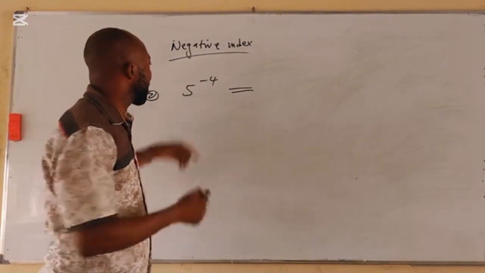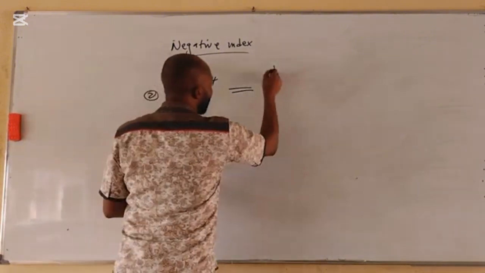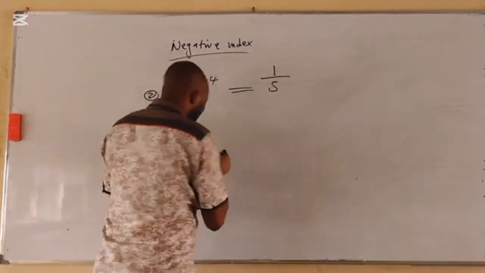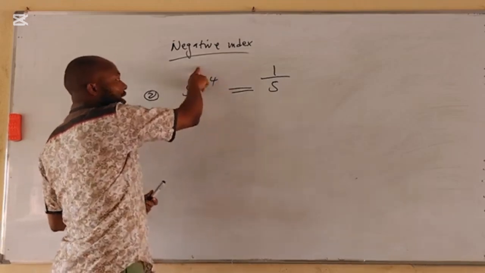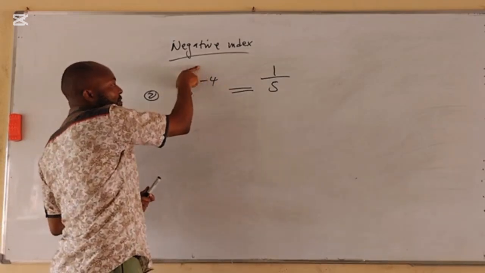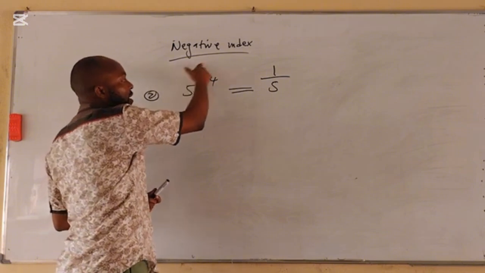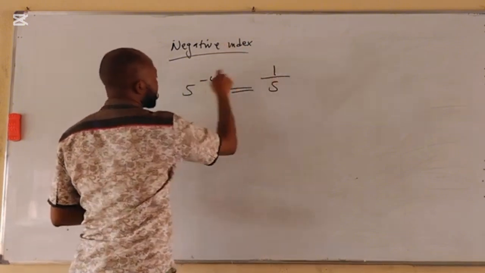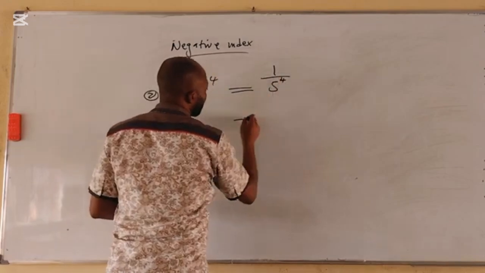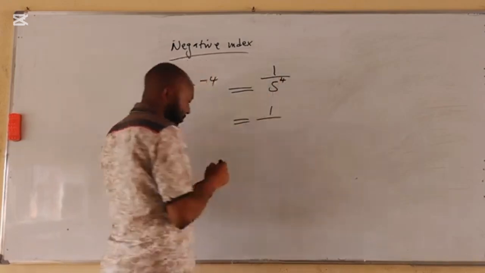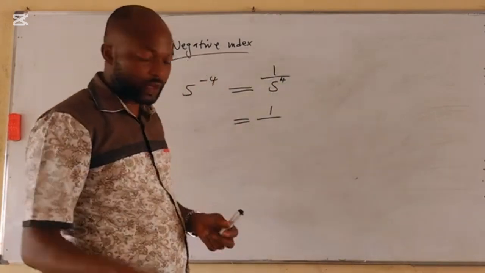What is the reciprocal of 5? It is 1 over 5. Now, this 5 was raised to a negative index, which is minus 4. They said the reciprocal of 5 is now raised to the same positive index. The positive index of minus 4 becomes 4. So this is equal to 1 over 5 raised to the power 4.